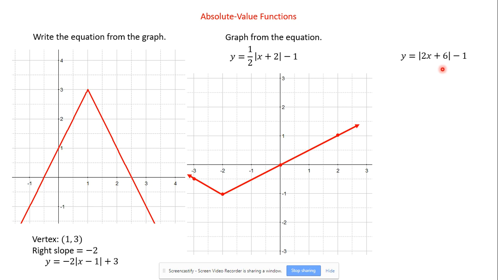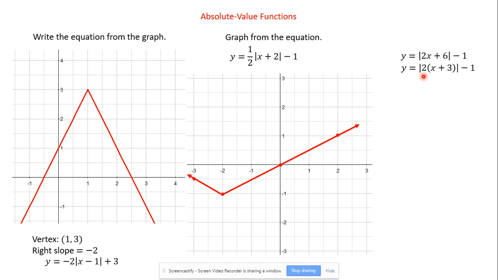Our equation has the absolute value of x minus h, not 2x minus h. If you have something like this, where there's a number in front of the x, you need to factor that out. So it's 2 times x plus 3. And then this multiplication can actually come to the outside of your absolute value. And it will become positive.